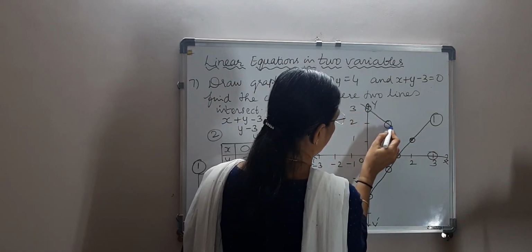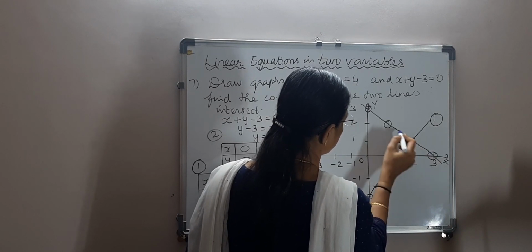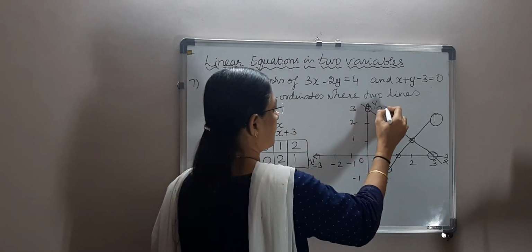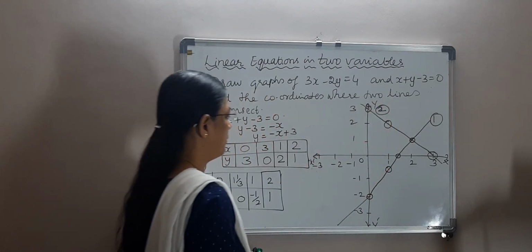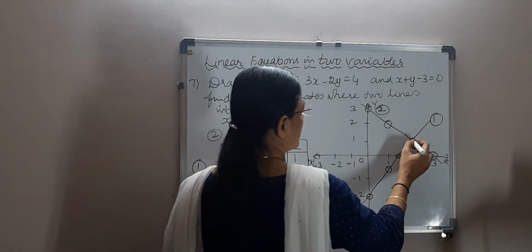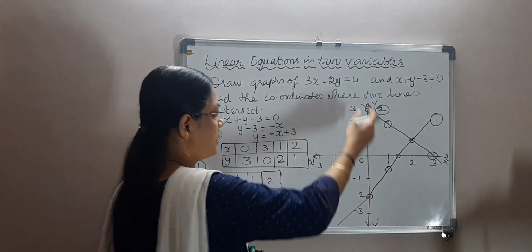So from the tabular column itself, we'll be able to find out the meeting point, or otherwise it will meet somewhere in between. So what is the meeting point? You see from the graph, it is very clear. And even in the tabular column, you have 2, 1, the same points. So what is the coordinate of the intersecting point of the two lines? We have drawn the two lines, isn't it?